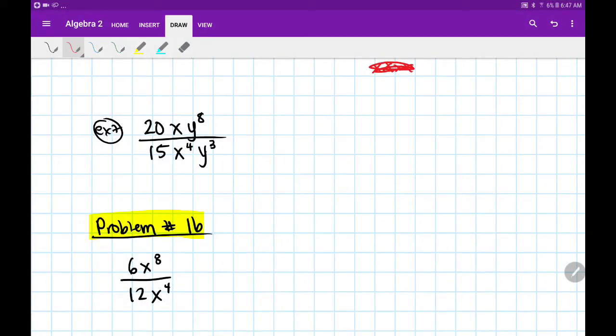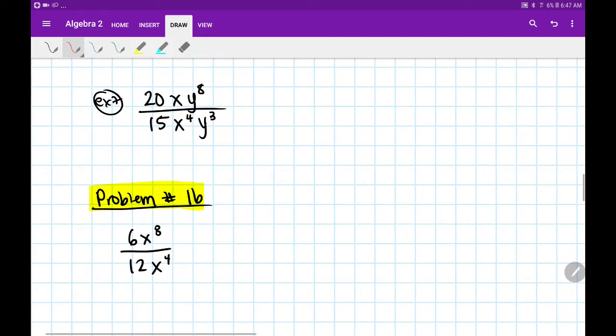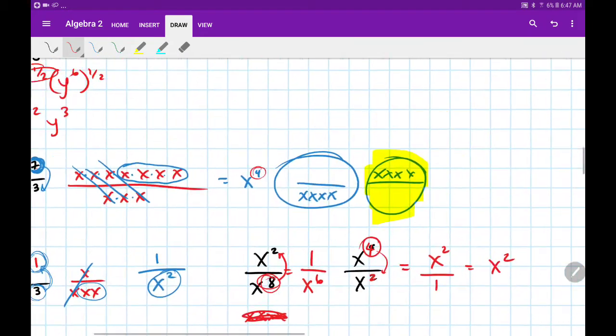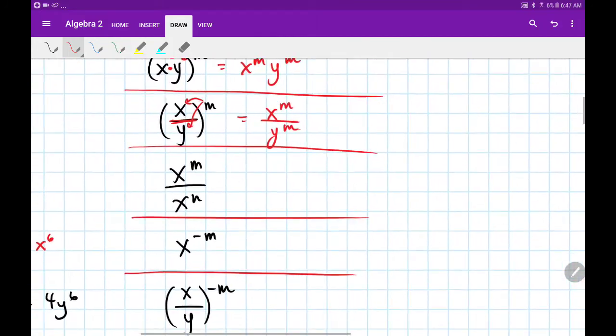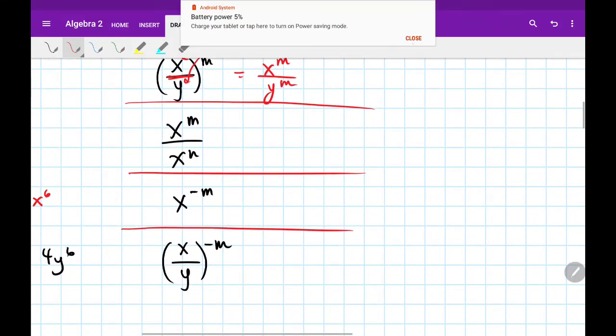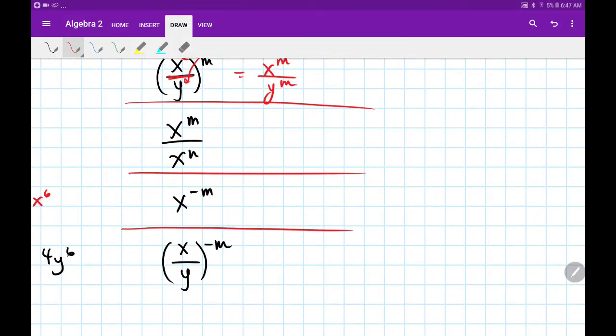So let's continue to work with this little nifty rule, and we'll write it up here. When we are dividing, we're going to not add, but subtract our exponents.